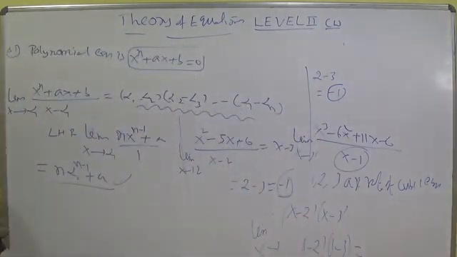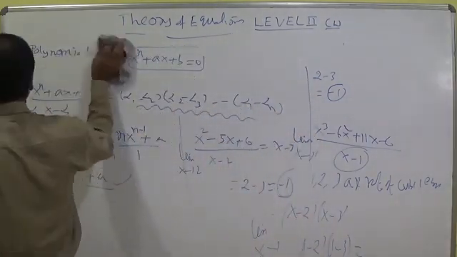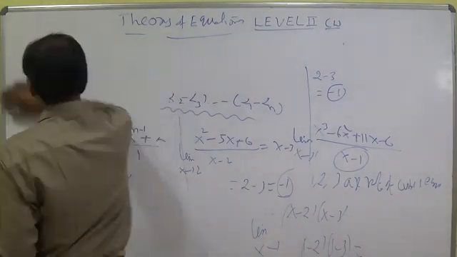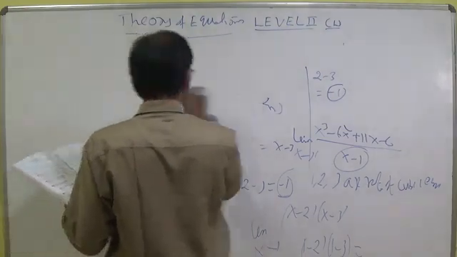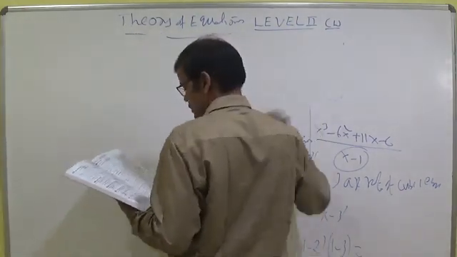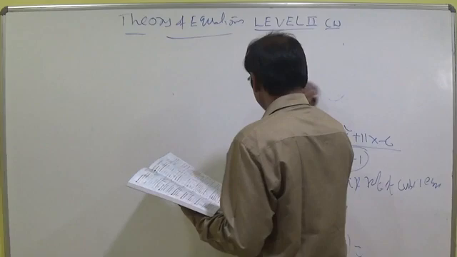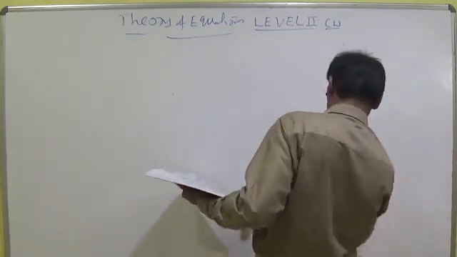If 2 plus root 3 is a root of 6x power 4 minus 13x cube minus 35x square minus x plus 3 equal to 0.